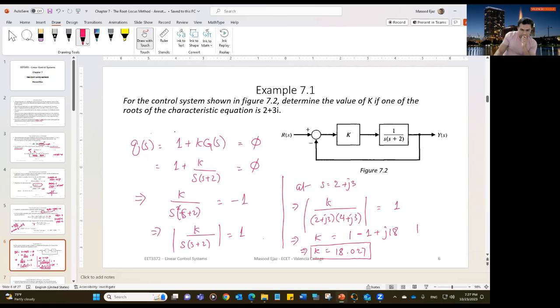KG(s) over 1 plus KG(s). And 1 plus KG(s). To find the roots, we equate that to 0. So we have s squared plus 2s plus K divided by s(s plus 2). That will be equated to 0. That's going to be gone. Oh, actually, you know what? Give me 1 second.